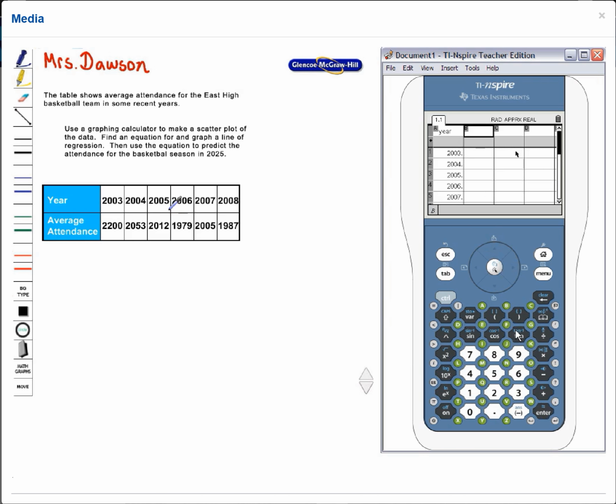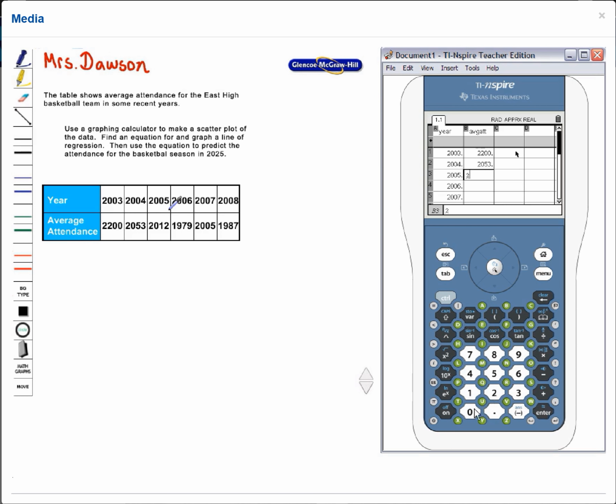The second column will be the average attendance, and we'll denote that as AVG ATT for average attendance. In 2003, 2,200 people attended. 2004, 2,053.